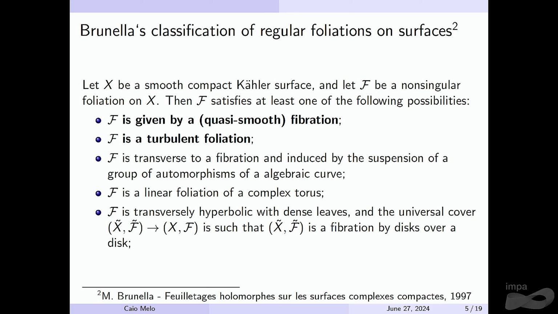And why smooth foliation on surface? Because we have the classification of Brunella. And by classification, we have this list, and so Bivas and Dumitrescu show that the generic turbulent foliation does not admit this structure, and what we did was to show when these two cases in fact admit this structure.